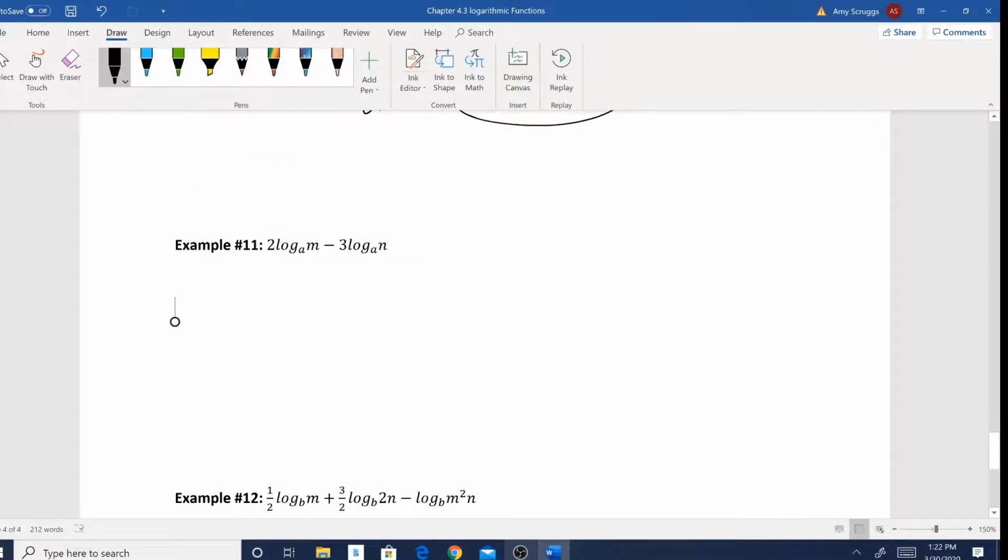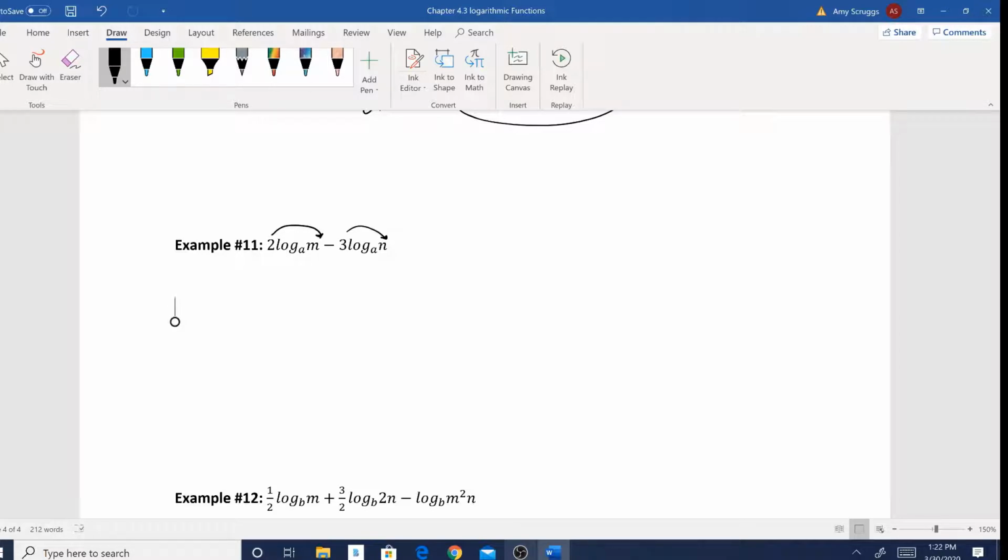Okay, now this one, we see it has numbers out in front, so that's the power property where you can change them to exponents. So I'm going to do that first before I do the subtraction. So this 2 will become the exponent for the m, and this 3 will become the exponent for the n. Now, don't make that 3 negative. I know you want to make it negative because there's that minus sign in front, but that minus sign indicates that this is already going to be a division problem.